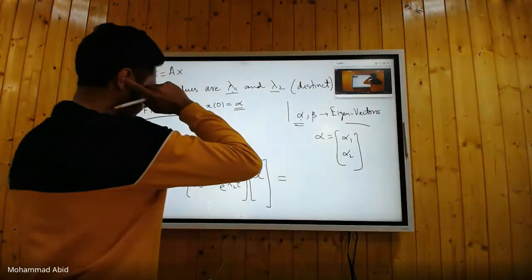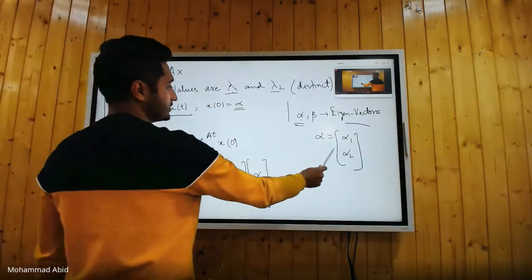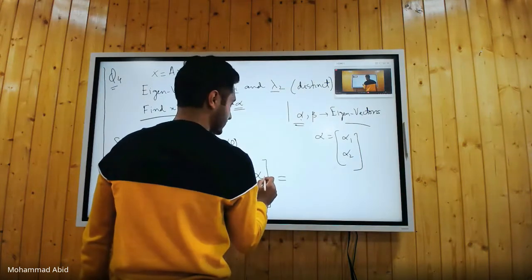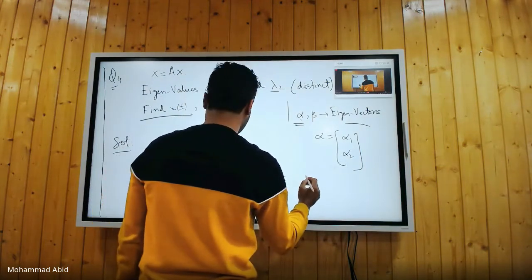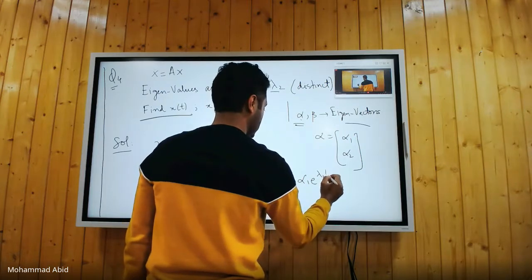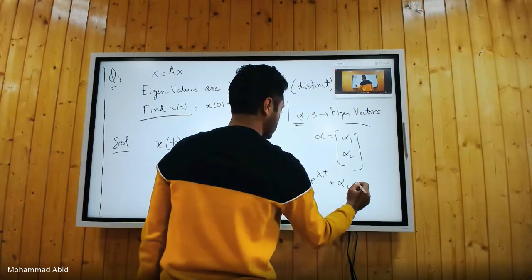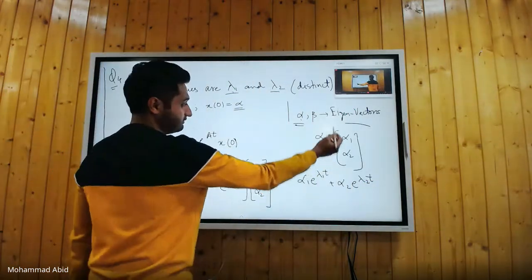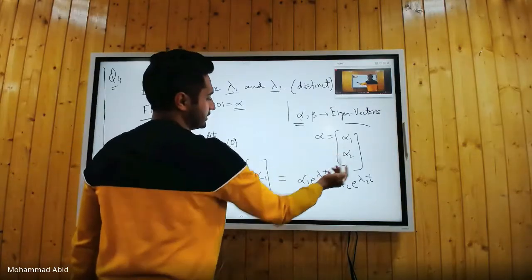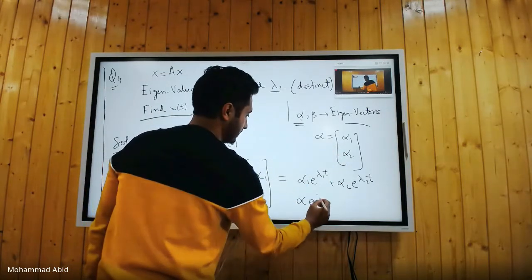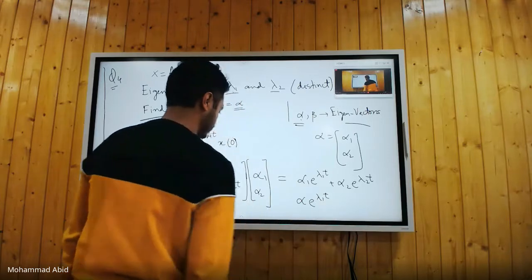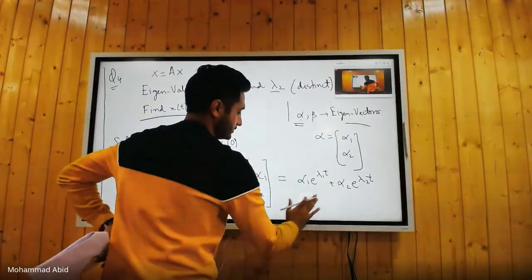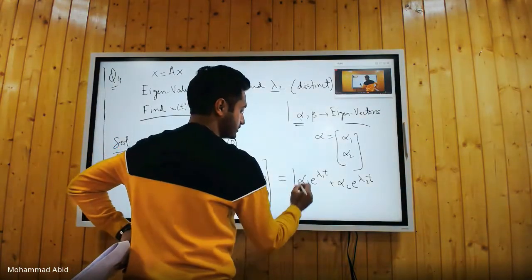If I assume a structure like this, if I assume the components of this, then it becomes alpha 1, alpha 2. And your solution becomes alpha 1 e to the power lambda 1 t plus alpha 2 e to the power lambda 2 t. If I don't need to assume a structure like this, I can simply write alpha e to the power lambda 1 t. Is that the answer? Yeah. Or this is a more general representation. So I prefer to use this.